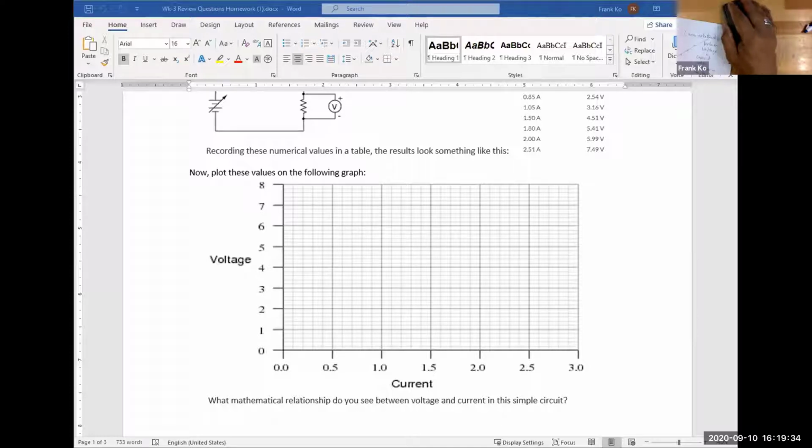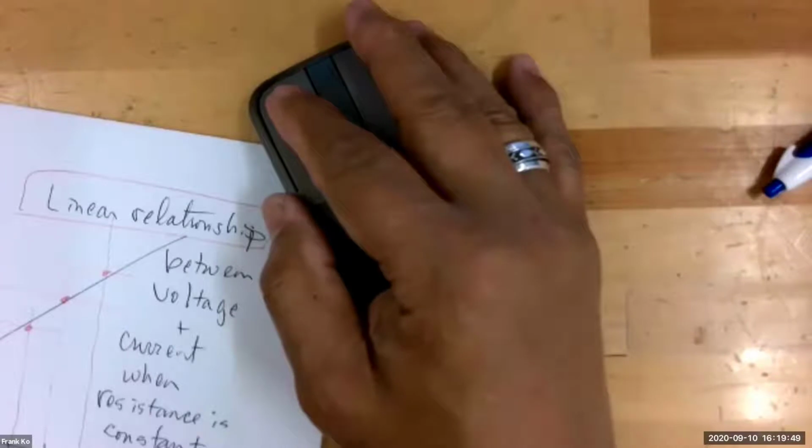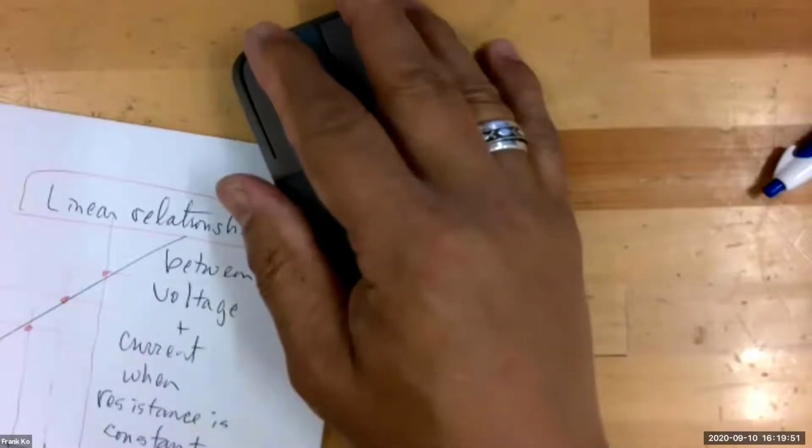Opening up PowerPoint, blank presentation, and I'm going to switch screens in a moment so you can see the PowerPoint. All right, so let me go ahead and change the share so you can see the PowerPoint.